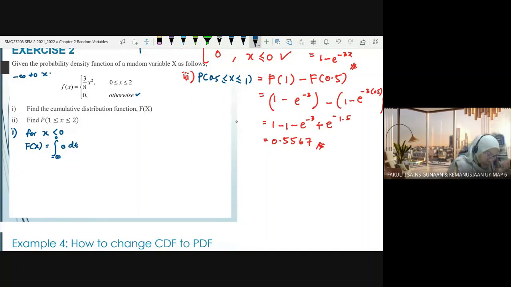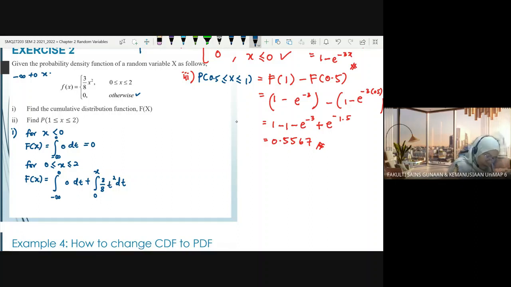So definitely you will get 0. For x between 0 and 2, your Fx will be the integral from negative infinity to 0 of 0 dt, plus from 0 until x, the one given in your function, 3 over 8 t squared dt. Sorry, it should be t.